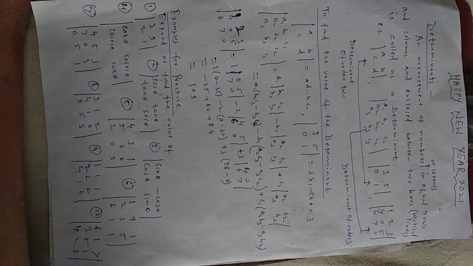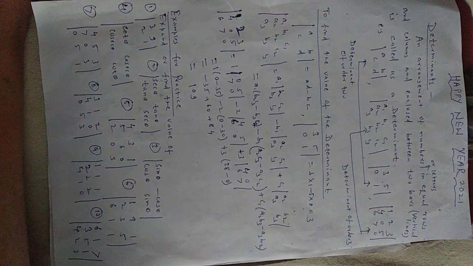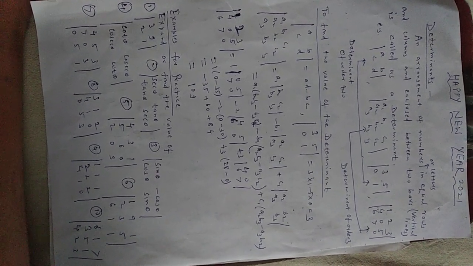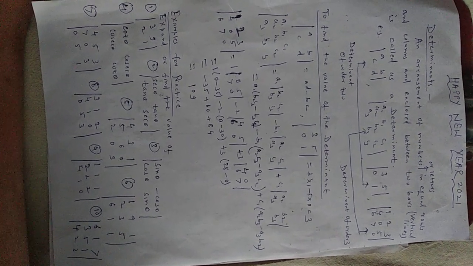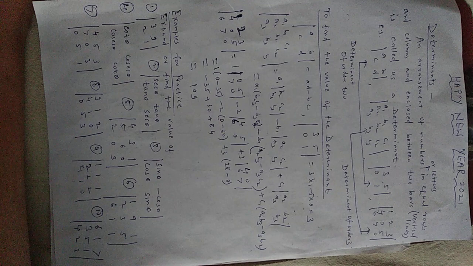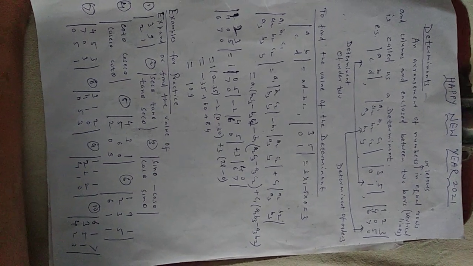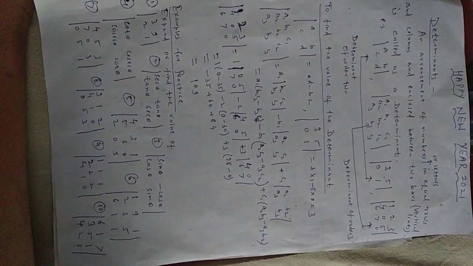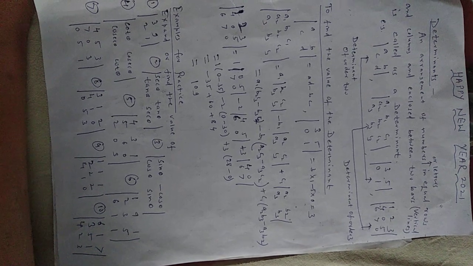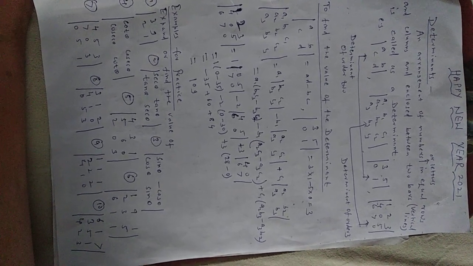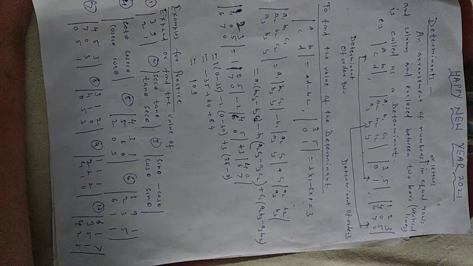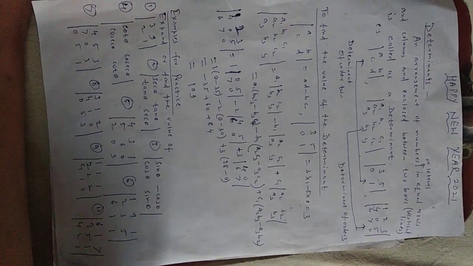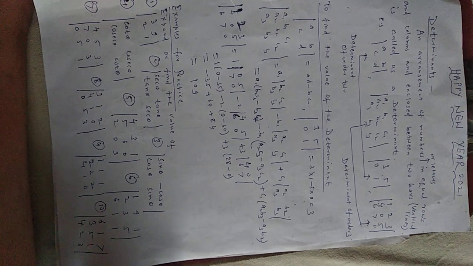A, B, C, D. The first example, first row is A, B. Second row is C, D. The general determinant, that is A1, B1, C1, A2, B2, C2, A3, B3, C3. In figures 3, 5, 0, 1, 1, 2, 3, 4, 0, 5, 6, 7, 0. So one can prepare any number of determinants as examples.